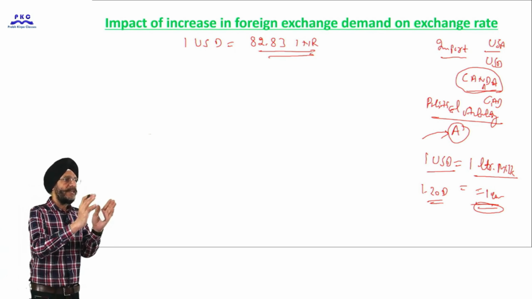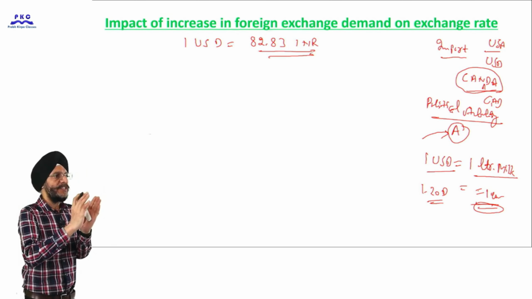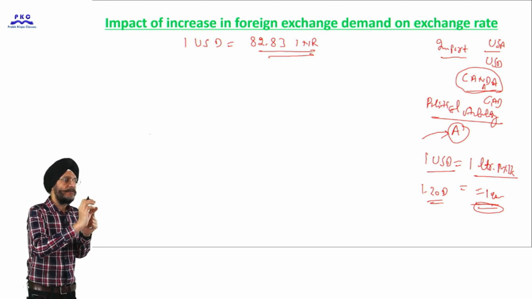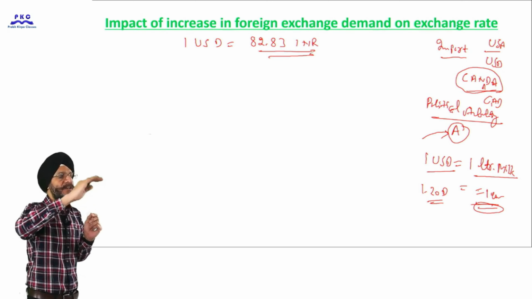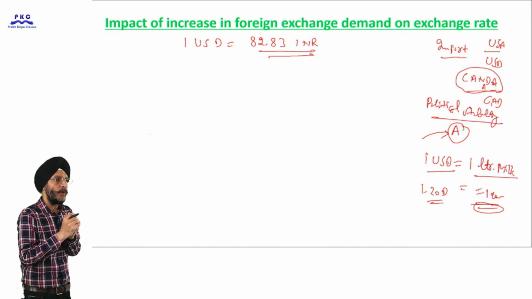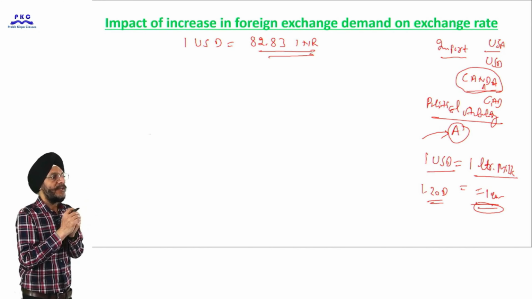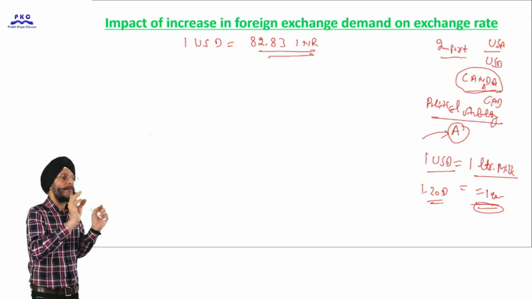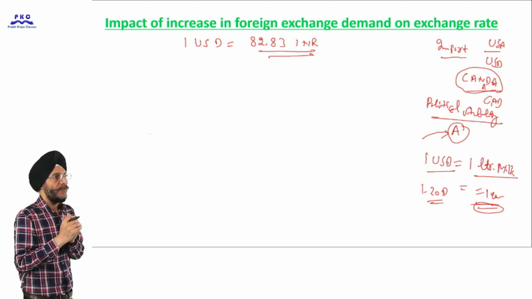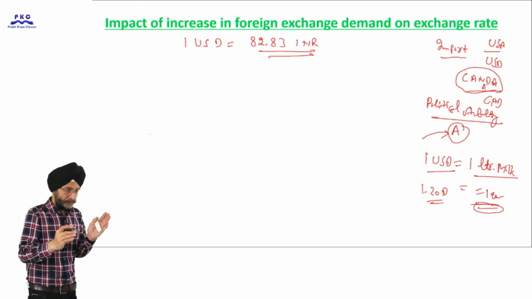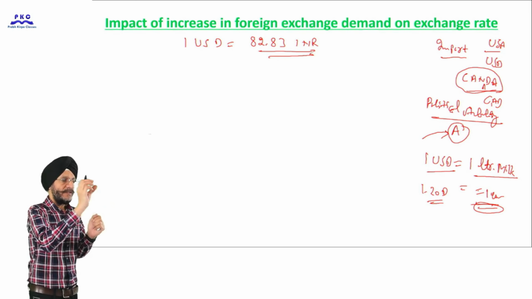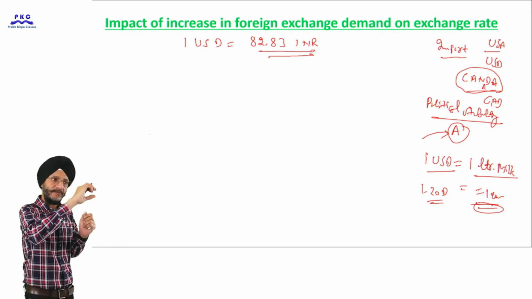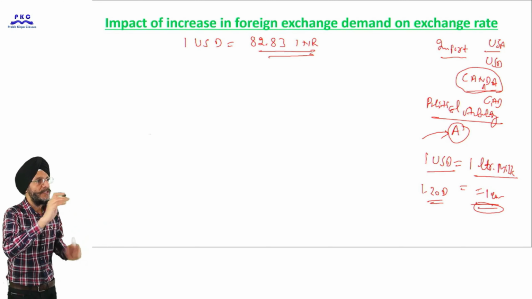It may be added that the foreign exchange rate does not remain stable. It goes on changing continuously in the market because there is always trading in the forex market, 24 hours, 5 days a week. So due to continuous trading, the value of the exchange rate continuously goes on changing.